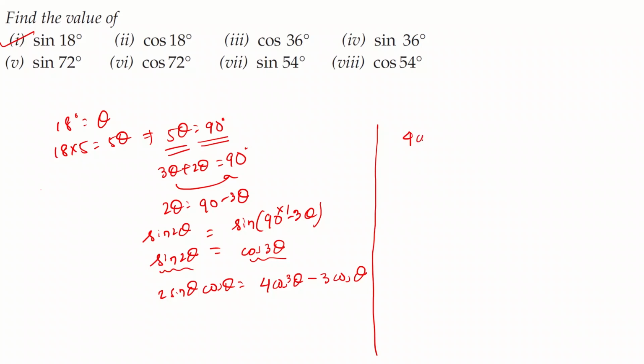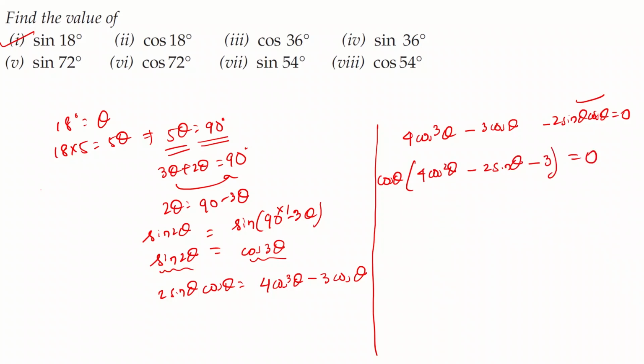So 4 cos cube theta minus 3 cos theta minus 2 sin theta cos theta is equal to 0. Okay, you take cos theta common from each and every one of the terms. Cos theta common, 4 cos square theta minus 2 sin theta, I'm writing this term first, and then minus 3 is equal to 0.